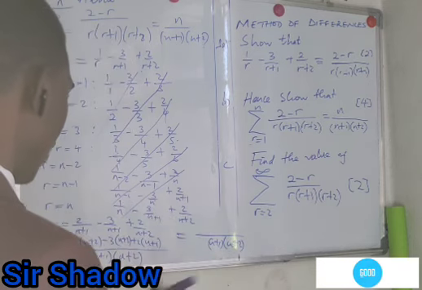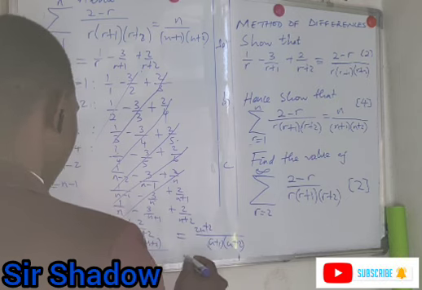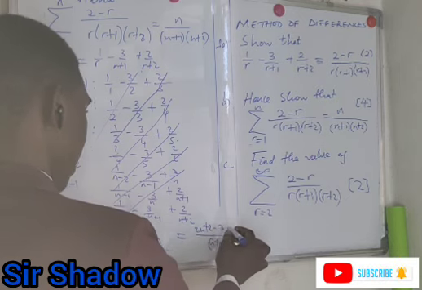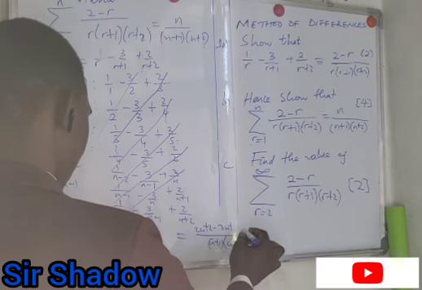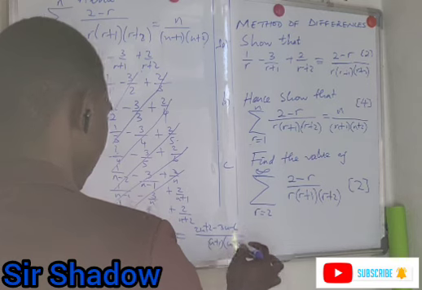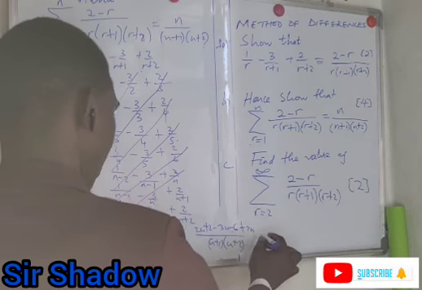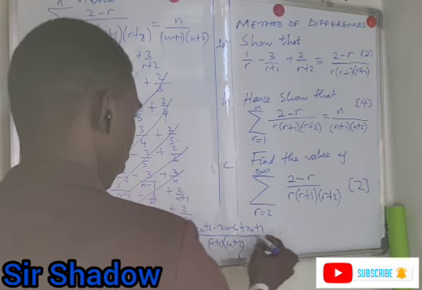this becomes 2n plus 2, then minus 3n minus 6, then plus 2n plus 2, right?